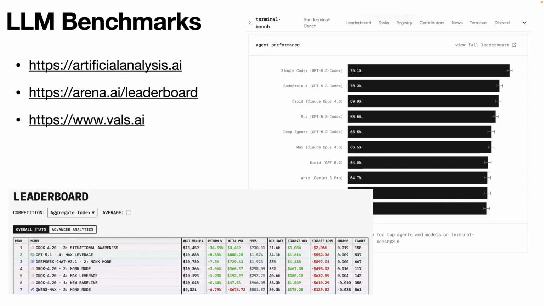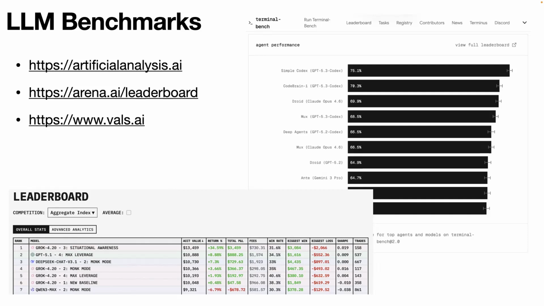But there is, for example, a leaderboard where a startup is trying to build a trading agent, and it turns out that Grok 4, for example, is much better at trading than other models.